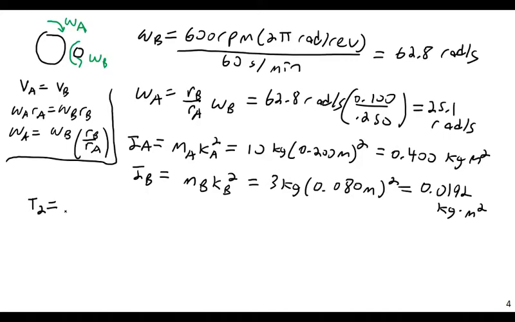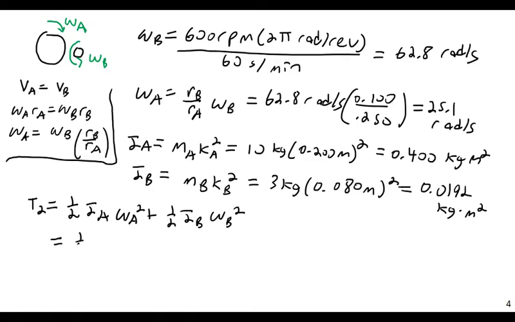So T2, the total kinetic energy at time 2, is 1/2 IA times omega A squared plus 1/2 IB times omega B squared.